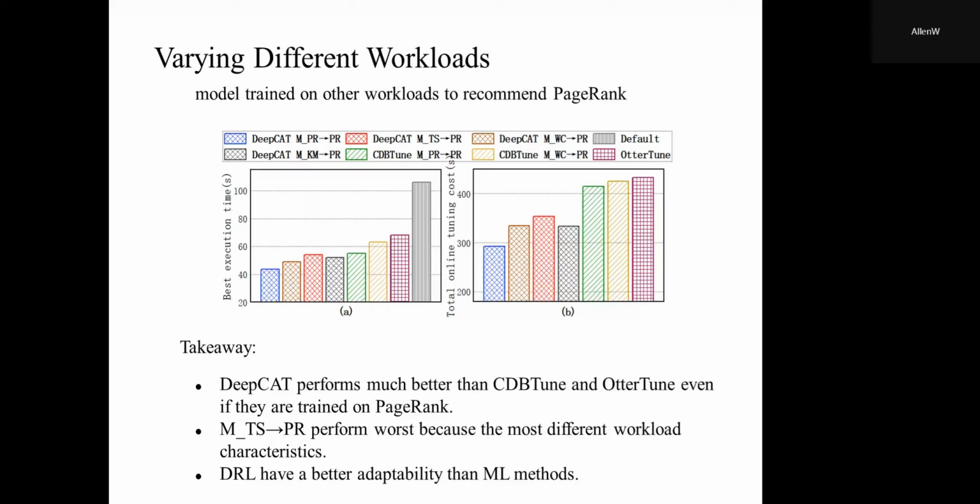The underlying reason is that TeraSort is based on map and reduce processes, which are CPU and memory intensive, while PageRank is based on iterative computation. Last but not least, we find that reinforcement learning has better adaptability than machine learning methods.